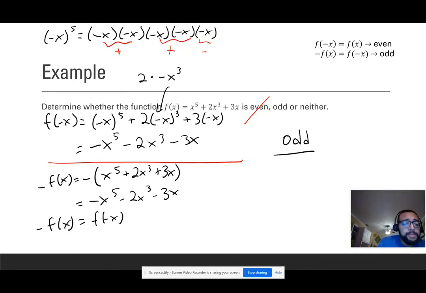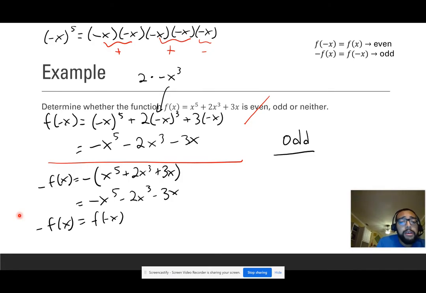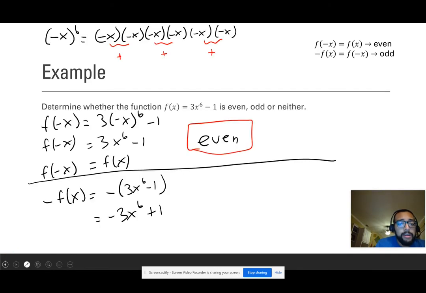Now, I do want to speed things up here by pointing out one thing. Whenever we had an odd power, and we're doing this, we end up with a negative. But whenever we had an even power, we ended up with a positive.